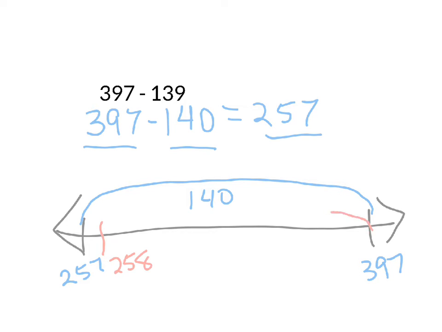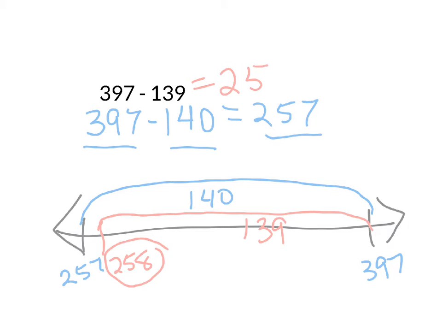So from 397 to 258 is going to be 139. So the answer to our original problem would be 258. So did we add one or subtract one? We added one.